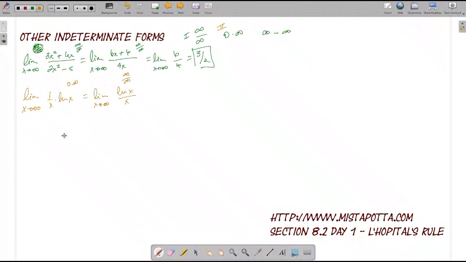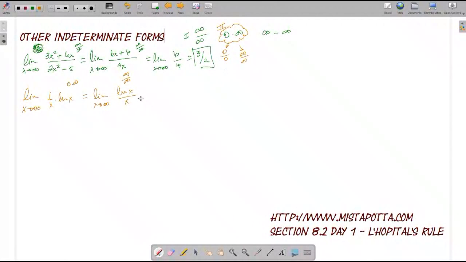in indeterminate form. And that's one of the ways that you'll notice this can always be rewritten as either 0 over 0 or as infinity over infinity. You'll just have to manipulate it algebraically to get it to look like one of those.